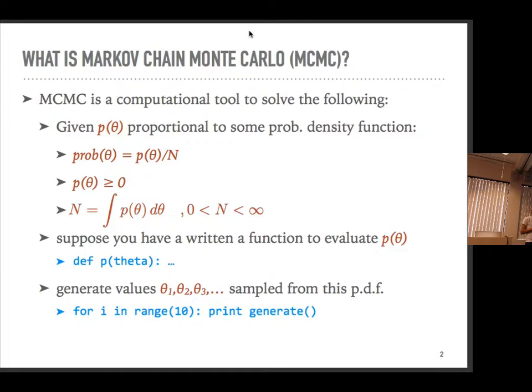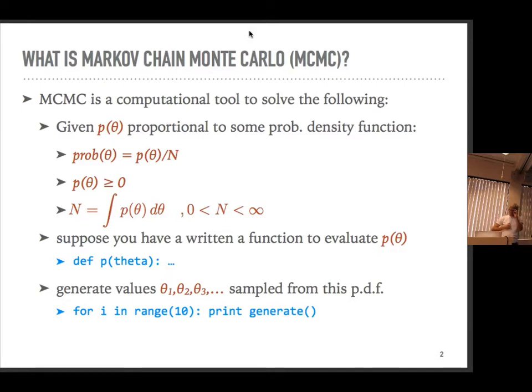You may not do it as fast as you'd like, but you can always use MCMC to solve basically any Bayesian inference problem. Not just the standard problem of given a model, sample the parameters, but you can also use it for the harder problem if you've got competing models and you'd like to compare them.